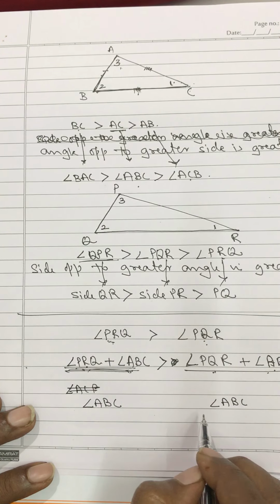Now what will happen? Who will be greater? Remember, my dear students, when you are going to subtract, now see here, angle ABC is equal to angle ABC and from this angle ABC you are going to subtract a bigger share. From here you are going to subtract a smaller share. Just imagine that there is a cake.